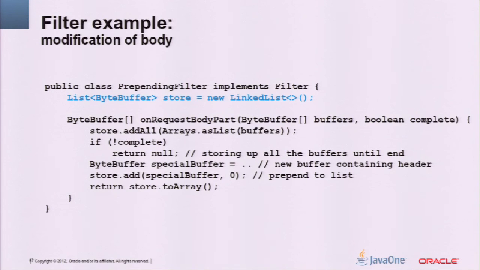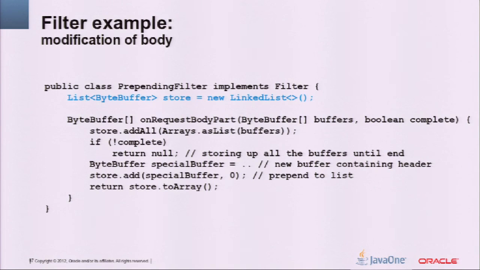That sounds like something that's quite difficult to do in a filter, but the way you would do it here is that you allocate a linked list or some kind of storage structure for the byte buffers, and in every call of onRequestBodyPart, we simply add the incoming byte buffers into the stored linked list, and we do whatever calculation is needed to generate the header that we're looking for.